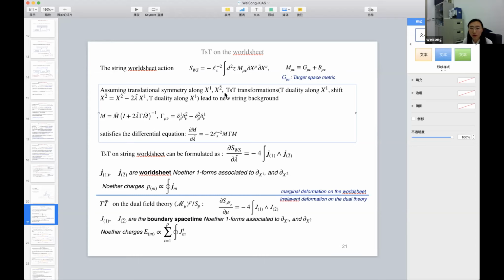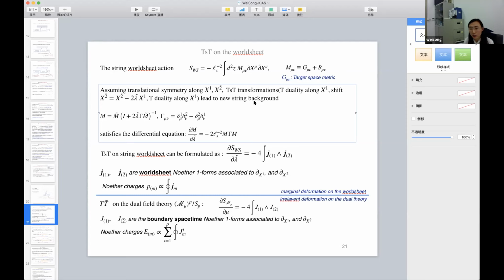Then we can perform a TsT transformation. Namely, we do T-duality along the x1 direction, shift the x2 with a parameter lambda tilde, and then do T-duality along x1 again.